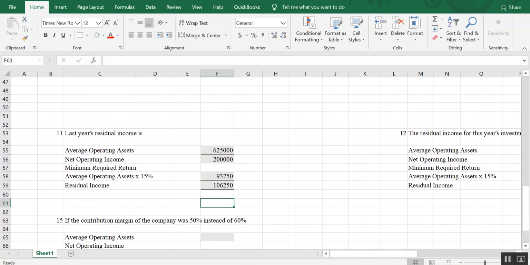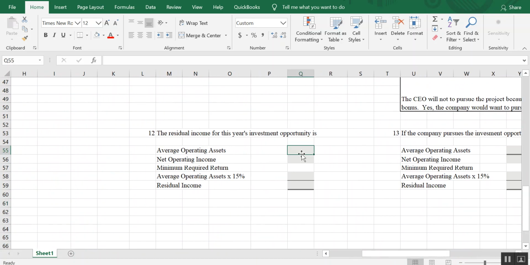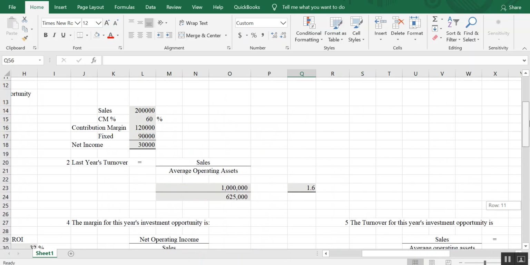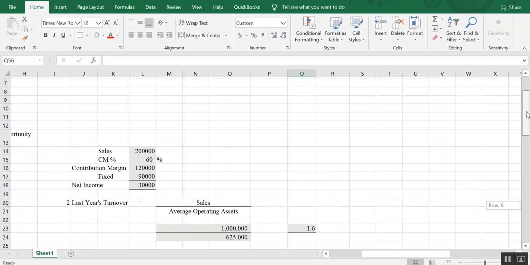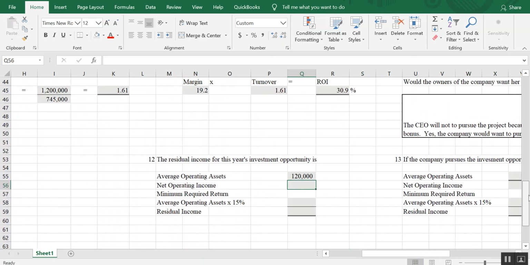So we bring that down and say 120,000 is the average operating assets. We have net operating income from this project that we calculated up here, remember, of $30,000 right here. So we go back down and put that in as the net operating income.